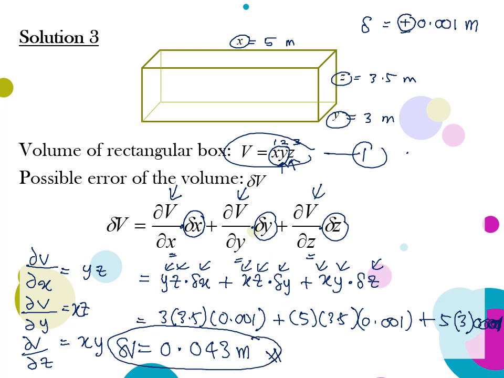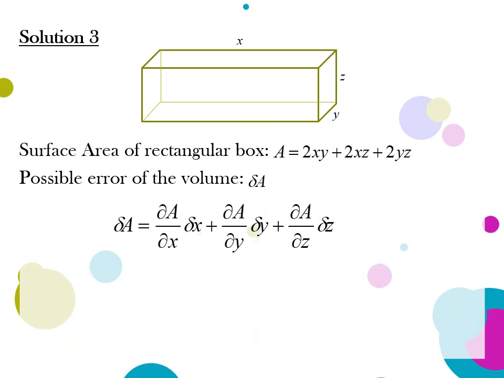One more thing before I forget, please take note that the unit for the increment of the volume just now is meter cubed, because it's a volume. So the answer is 0.043 meter cubed, because we multiplied two sides, x and y, that gives us meter squared, and then we multiply again with another unit of meter for the increment, so that gives us meter cubed.